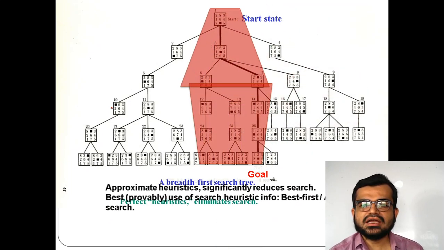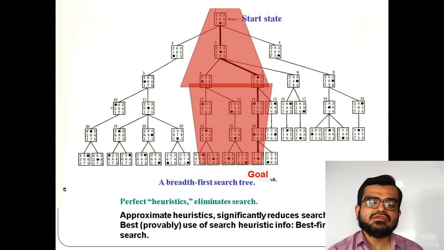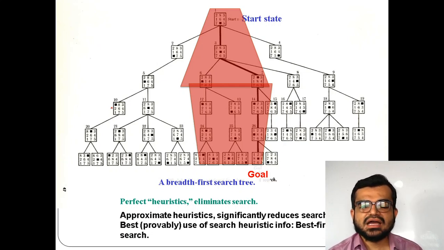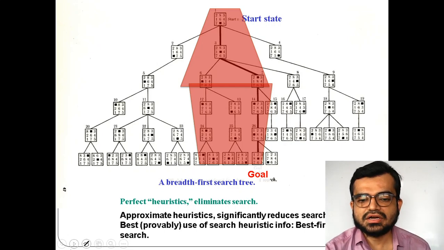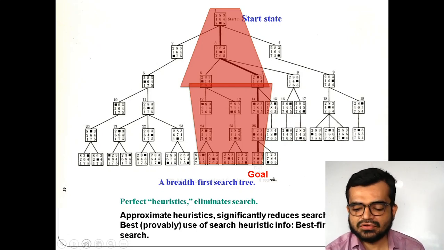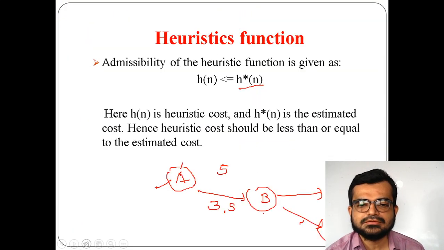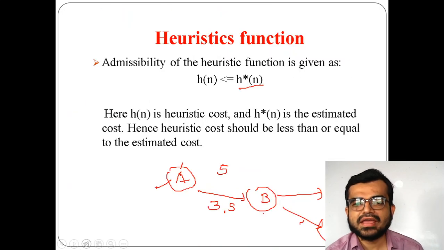Now if I want to make this same problem into best first search, I have to take an approximate range. For example, the highlighted part here, I am taking as the approximate heuristic, because I already said h star of n is your estimated cost.